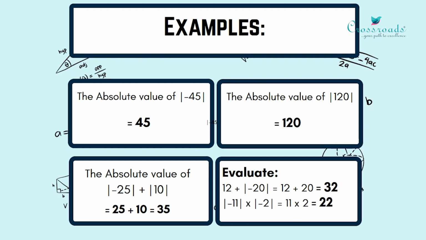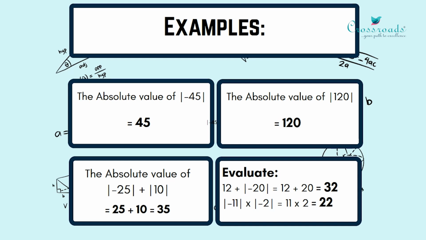Let us learn this further with a few examples. The absolute value of -45 is nothing but 45. The absolute value of 120 is 120. The absolute value of -25 plus 10 is nothing but 25 plus 10, and the answer will be 35.